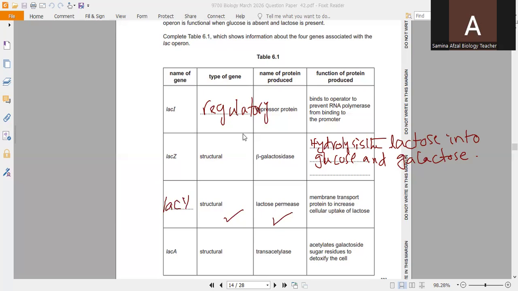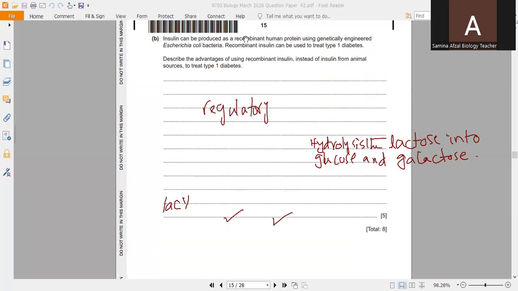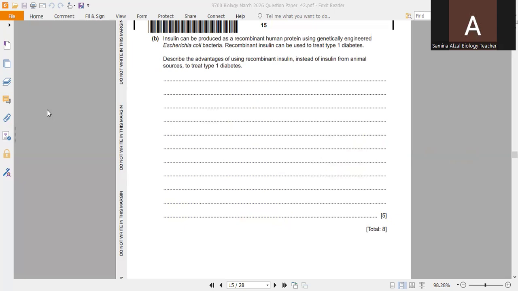Now moving towards the B part of this question. Insulin can be produced as a recombinant human protein using genetically engineered Escherichia coli bacteria. Recombinant insulin can be used to treat type 1 diabetes.